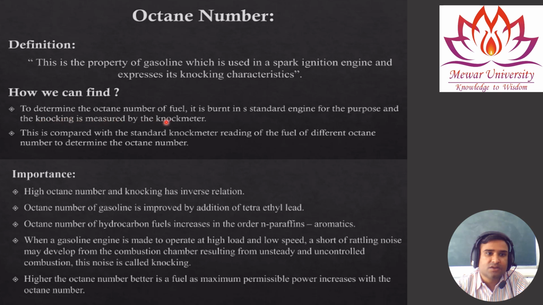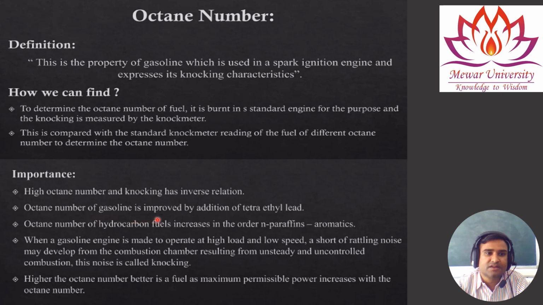To determine the octane number of a fuel, it is burned in a standard engine. For the purpose, the knocking is measured by a knock meter. This is compared with the standard knock meter reading of fuels of different octane numbers to determine the octane number. Regarding importance, a high octane number and knocking have an inverse relation.